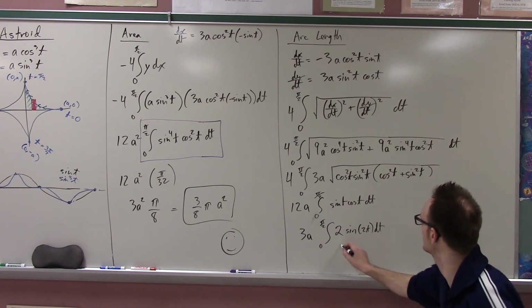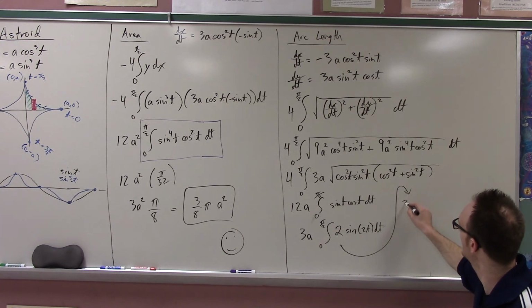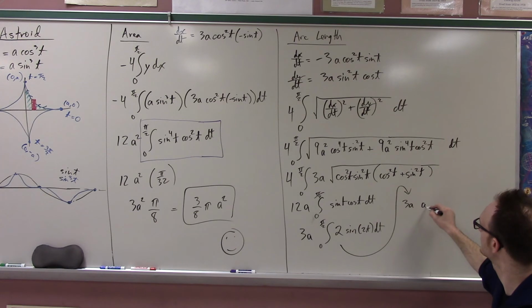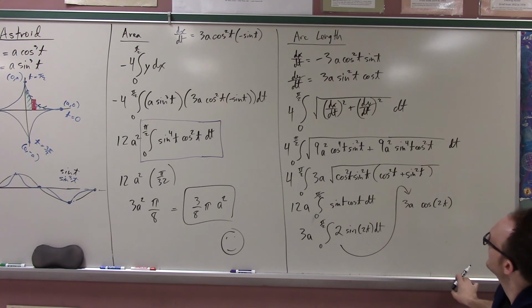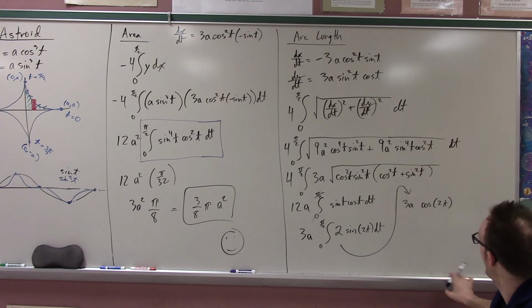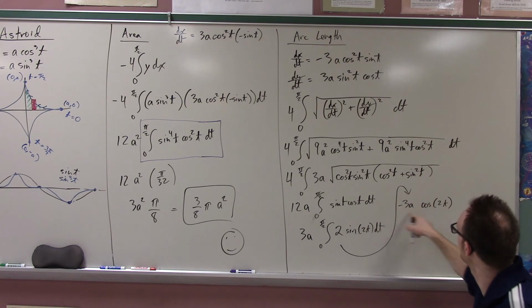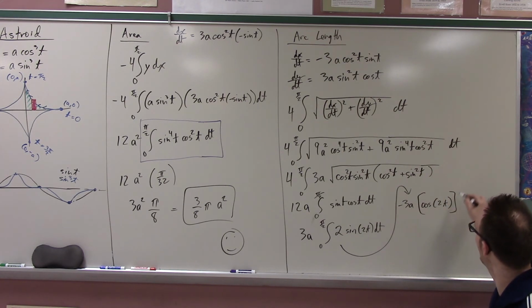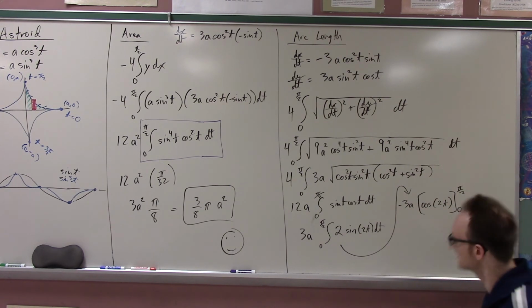And that I know how to anti-differentiate. It's cosine 2t, and I guess there's a negative in there. So negative that, evaluated at pi over 2 and 0.